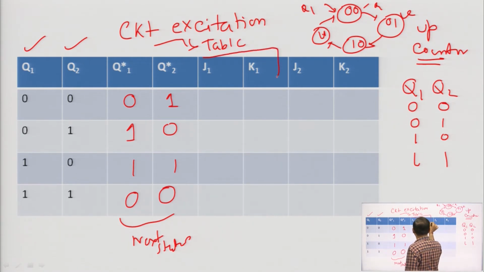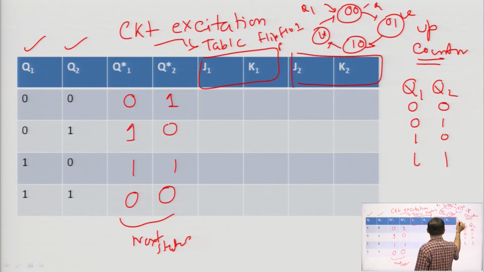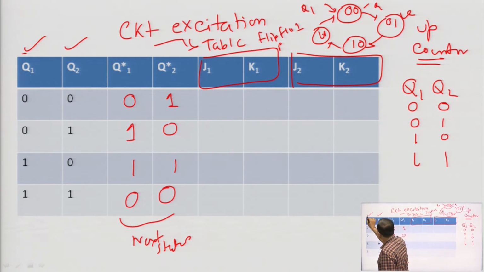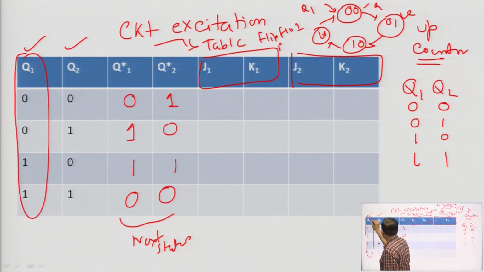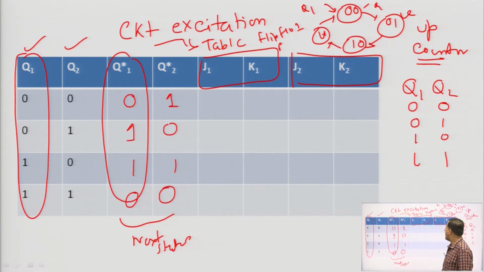So, this is flip flop number 1 and this is flip flop number 2. So, 2 inputs, J1 K1 and J2 K2. J1 K1 will depend upon Q1 and Q1 star, and J2 K2 will depend on Q2 and Q2 star.